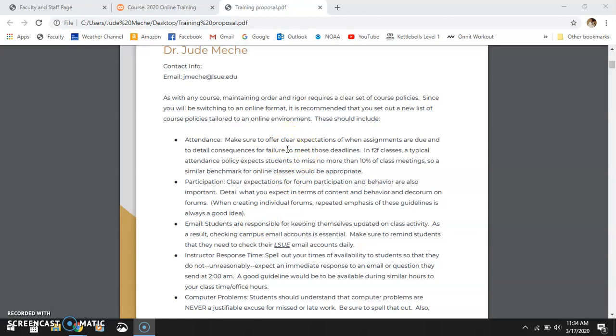Attendance is not going to be marked by students just showing up to class. It's going to be marked by student participation in activities, student completion of activities. So you want to make sure to offer clear expectations of when assignments are due and to detail the consequences for failing to meet those deadlines.